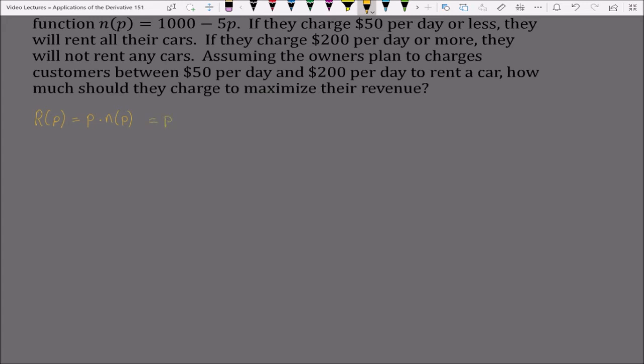So this will be P times 1000 minus 5P, or 1000P minus 5P squared. And they have told us the domain, $50 to $200.